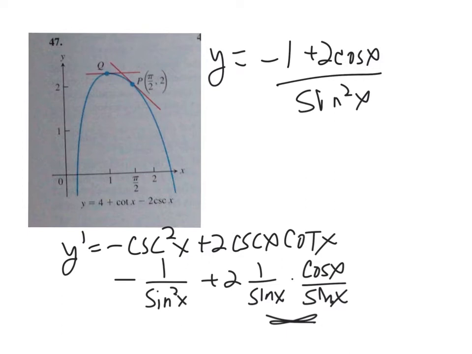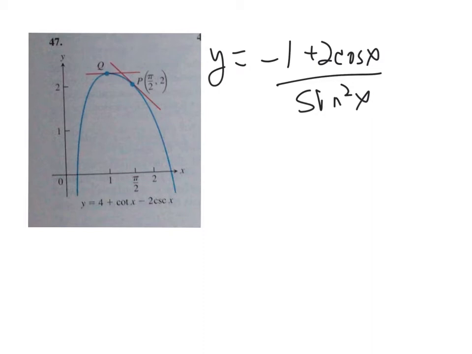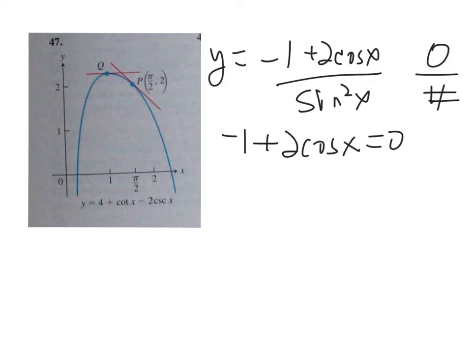Now, let's find the horizontal tangent line first. I'm going to delete this part, because I don't need that anymore. And for the horizontal tangent line, remember, we're looking for where it's 0 over a number. So really all I care about is where does negative 1 plus 2 cosine x equal 0. Well, I'm going to solve this trig equation.